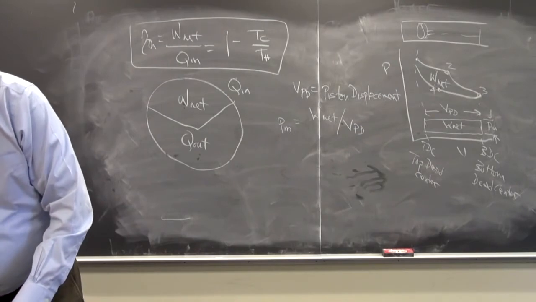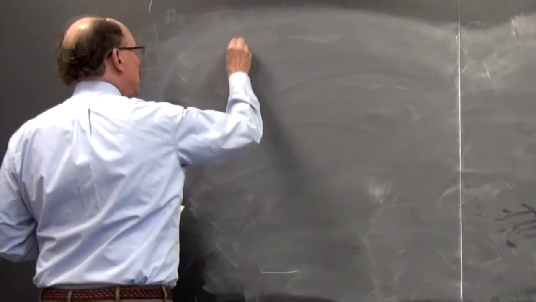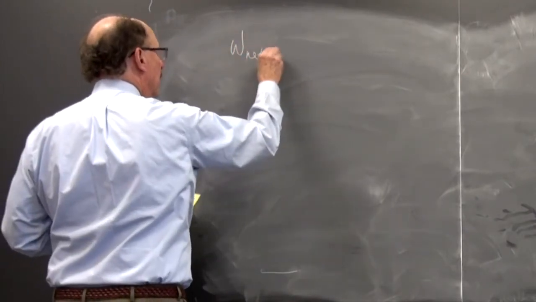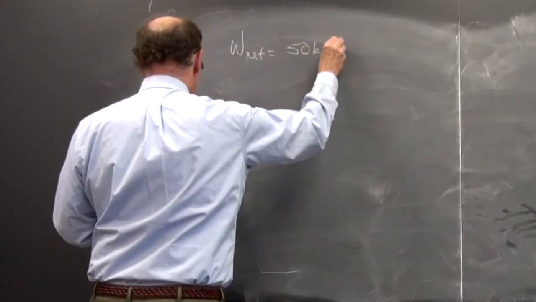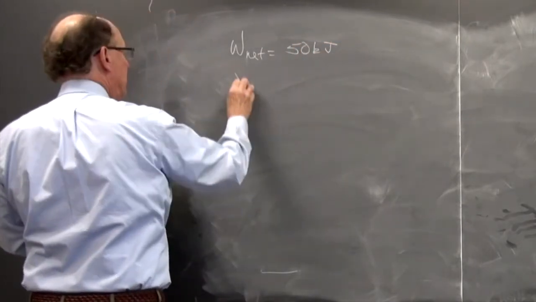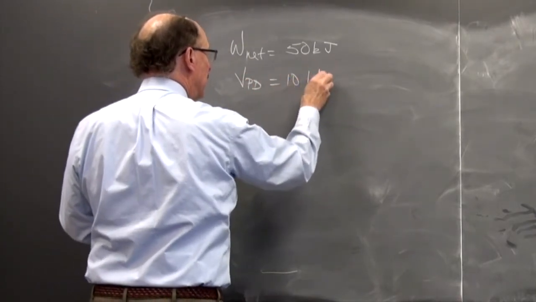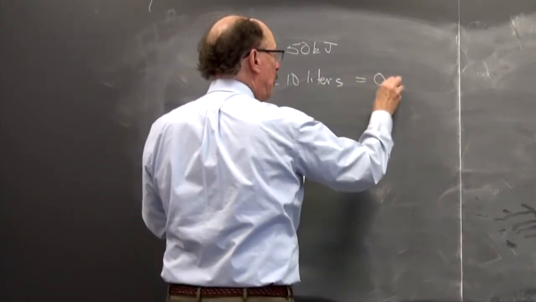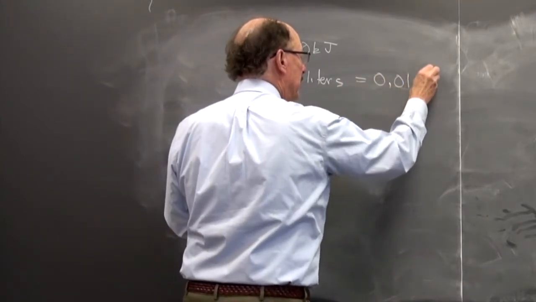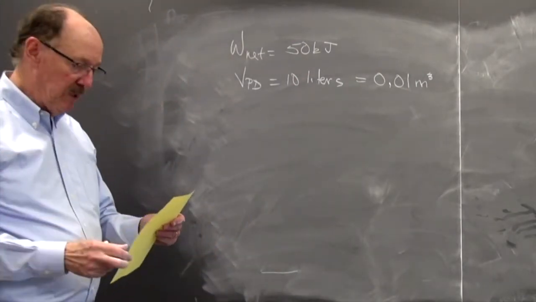To show you what a calculation might look like, let's say that W net is equal to 50 kilojoules, and that V sub PD is equal to 10 liters, which is equal to 0.01 cubic meters. Remember, 1,000 liters is equal to 1 cubic meter.